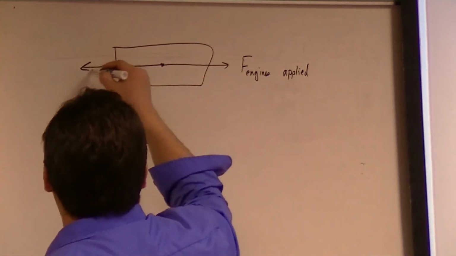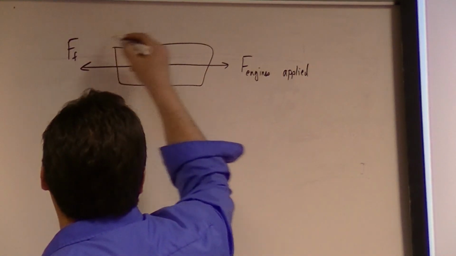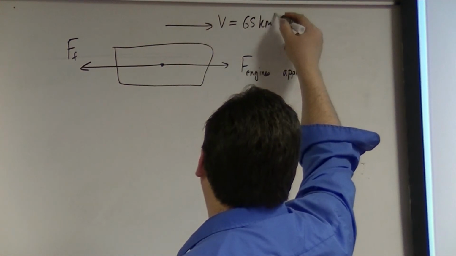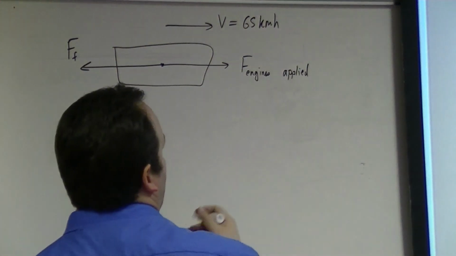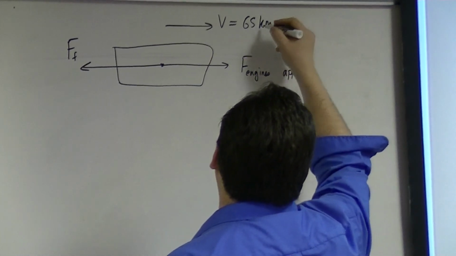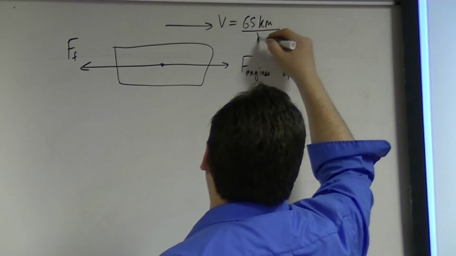Now, this, of course, is the force of friction. Supposing the velocity is like this, 65 kilometers per hour.